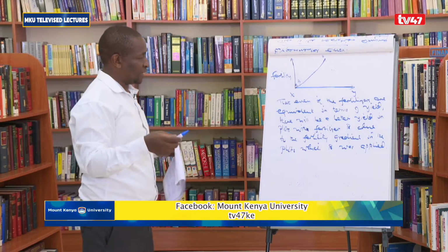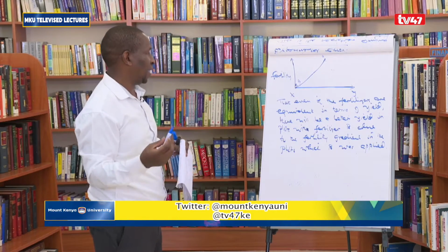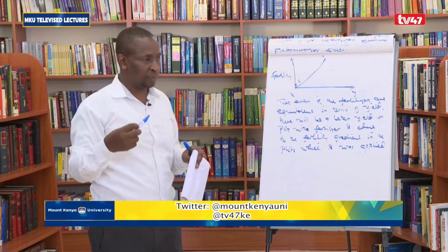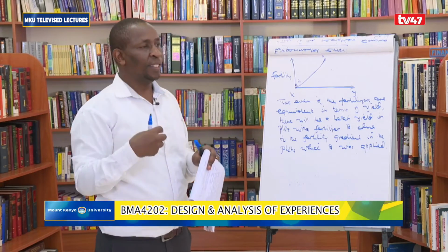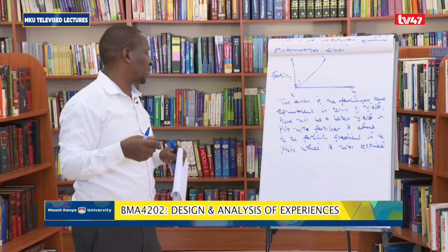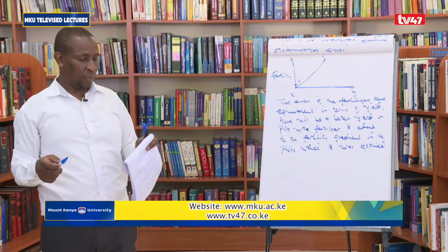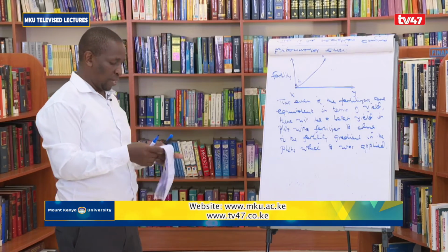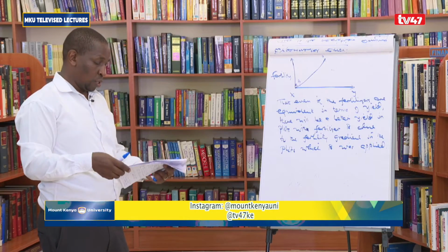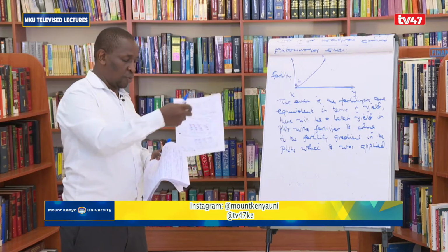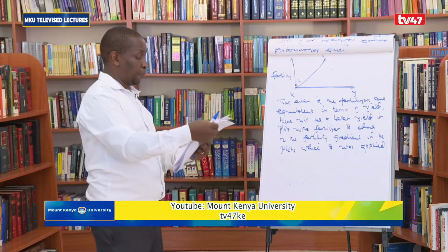If the card indicates A, then on the first plot we put A, and if the second pick indicates A, we put A, and so forth. That way we shall have used a random method to reduce or to remove the systematic bias.